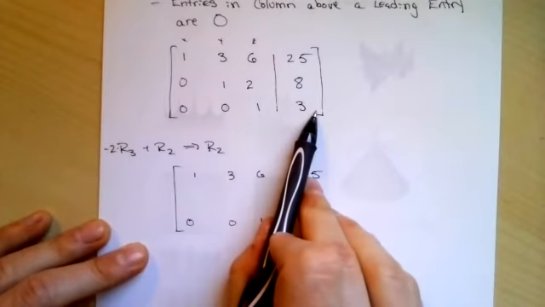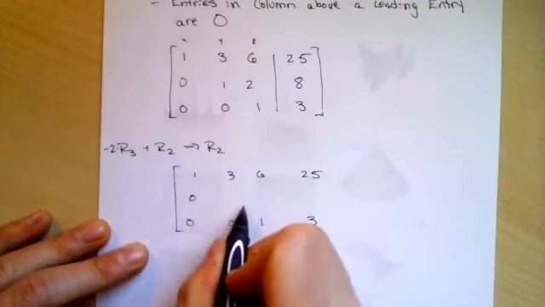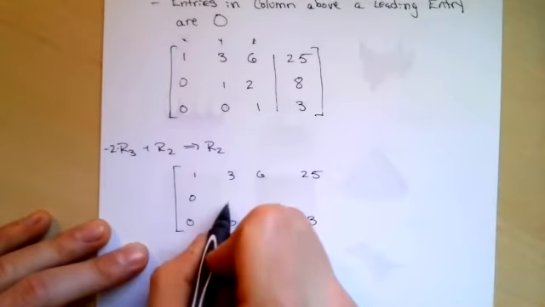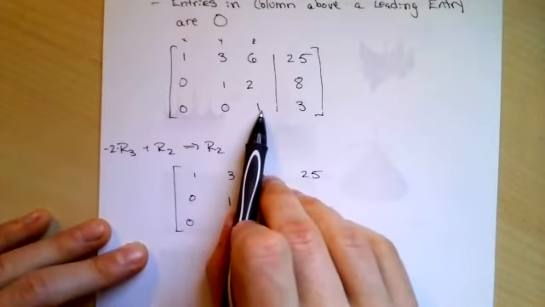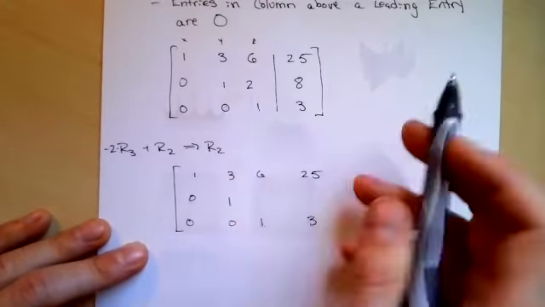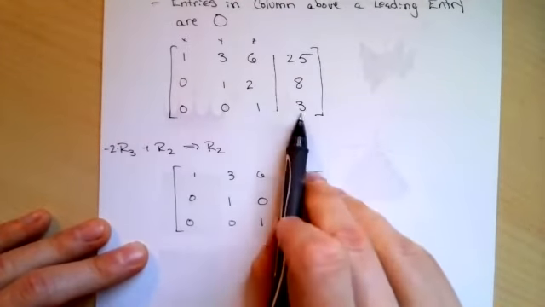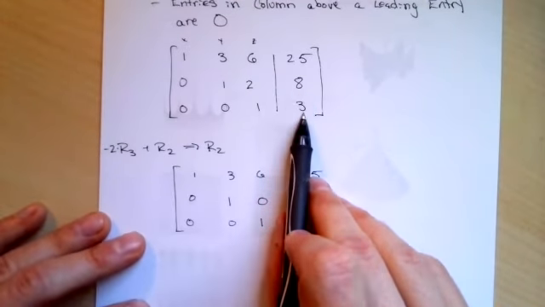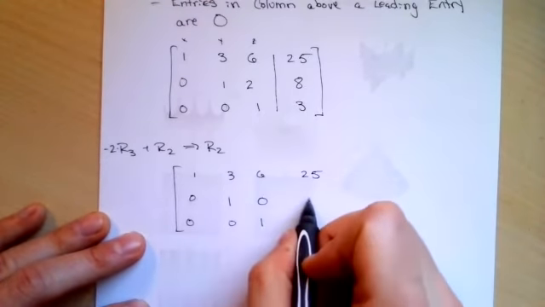I'm going to take this row, multiply it by -2, and then add it up. So this one's not going to change. -2 times 0 plus 1 still gives me that leading entry of 1 there in the second column. But now I'll have -2 times 1 plus that 2 gives me that 0 there. And then what's going to happen with our constants over here? -2 times 3 plus 8 gives me 2.